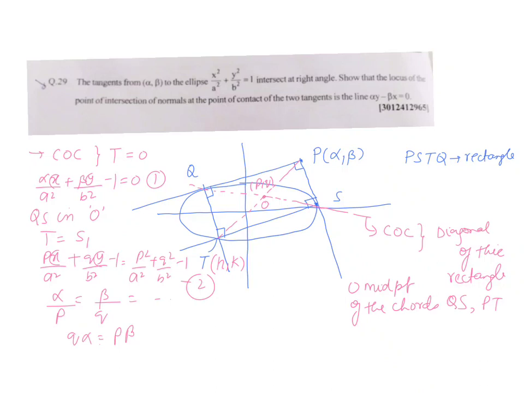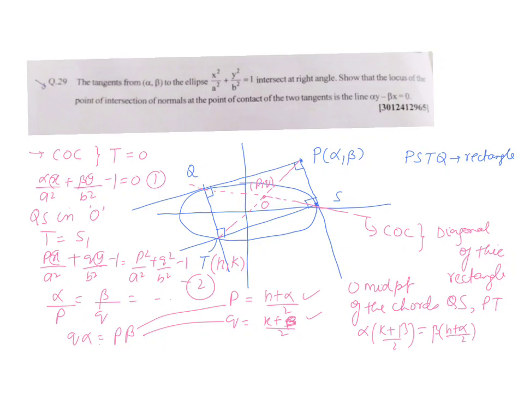But then the point O is the midpoint, so we can write down the coordinates of p as h plus alpha by 2 and the coordinates of the point q as k plus beta by 2. So if we take these values of p and q and substitute them in this equation, this will give me alpha times k plus beta by 2 equals to beta times h plus alpha by 2.